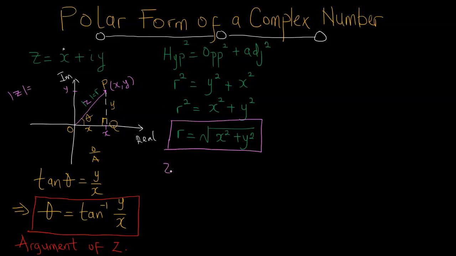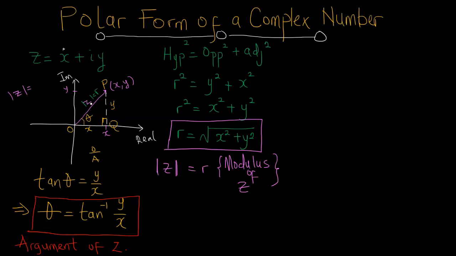Of course, earlier I said that the length of z is OP, which I've represented with r. This is called the modulus of the complex number z. And we know from one of our previous videos that modulus is just a measure of length. So these are the two parameters we are going to be needing in dealing with complex numbers in polar form.